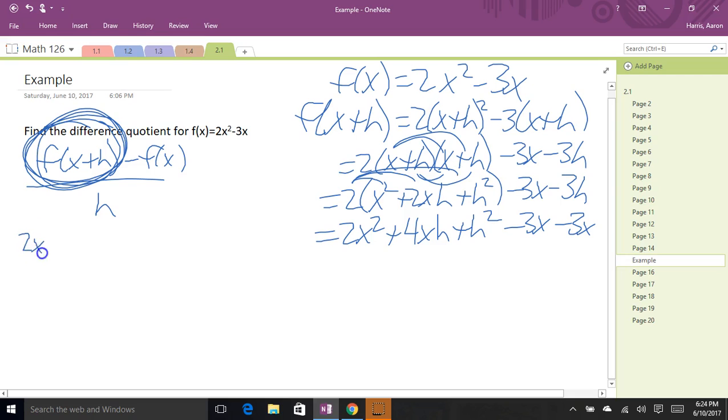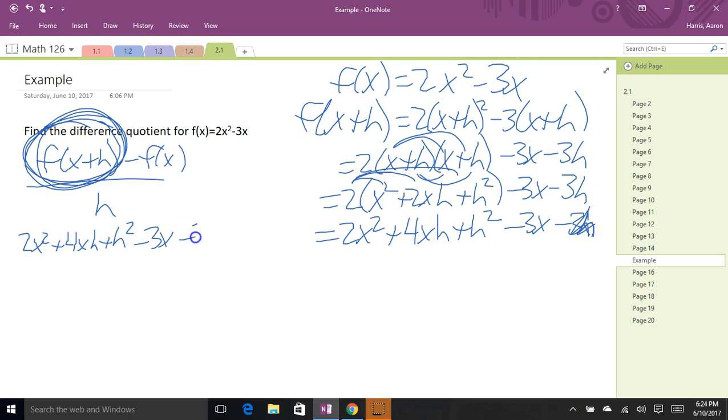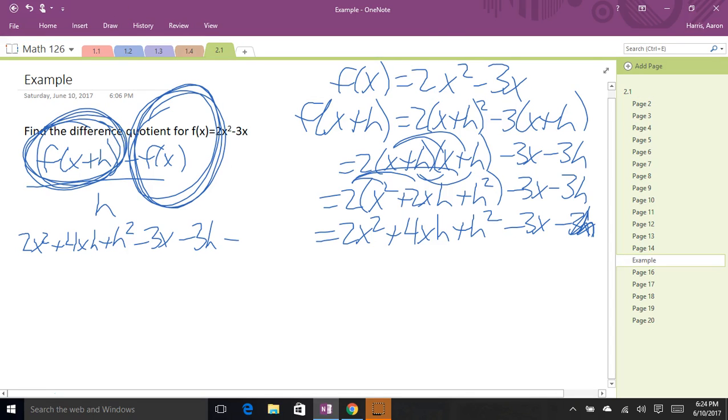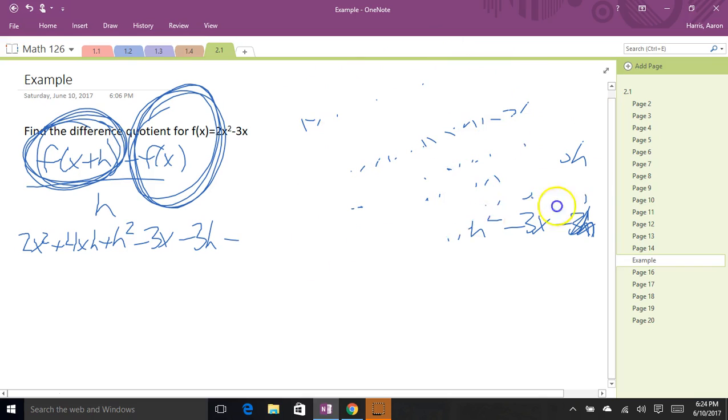So I have 2x squared plus 4xh plus h squared minus 3x minus 3h, minus, and now I got a minus my f of x right here, my original function.